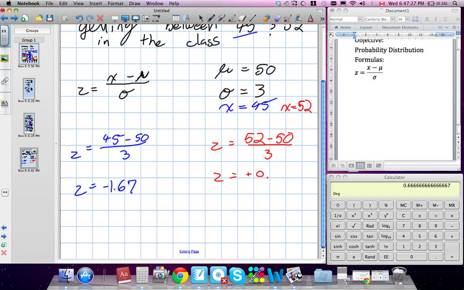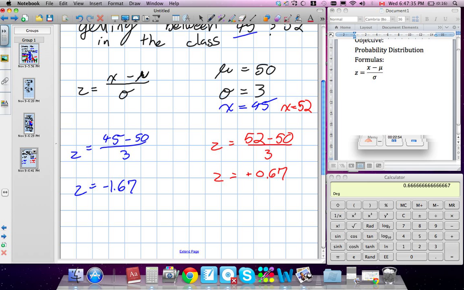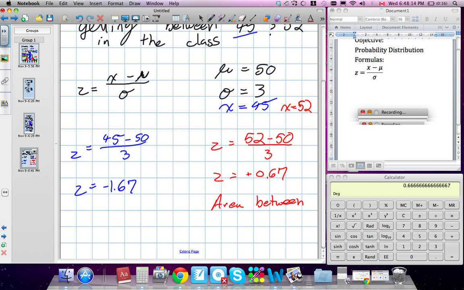So first off, we'll find the z-score of 45. We'll do it in blue. Our x is 45, so our z-score is going to be 45, subtract the 50, divided by 3. That gives us negative 1.67.